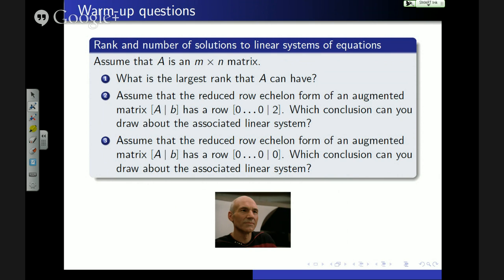So you cannot have more than m ones. On the other hand, a leading one corresponds to a variable. So for instance, if you have 3 rows and 2 variables, how many leading ones can you have at most? Well, as many as the variables, isn't it? So the maximum rank that you can have is the minimum value between m and n.